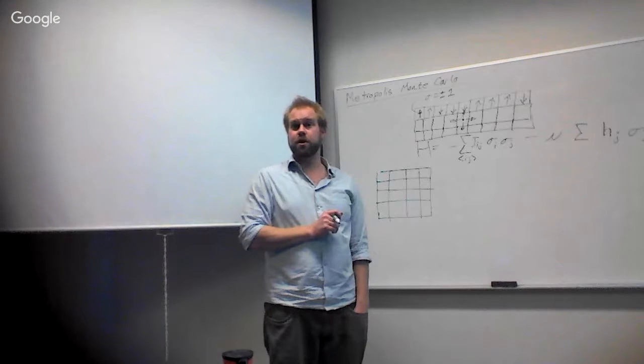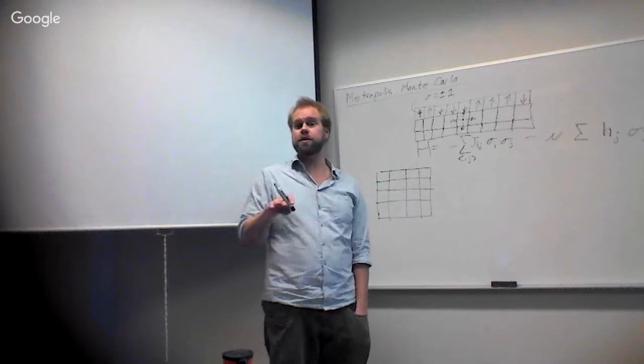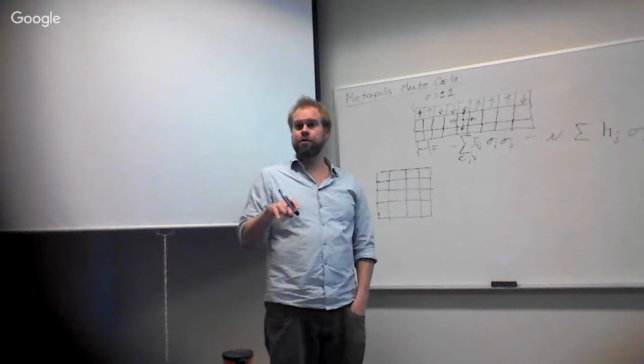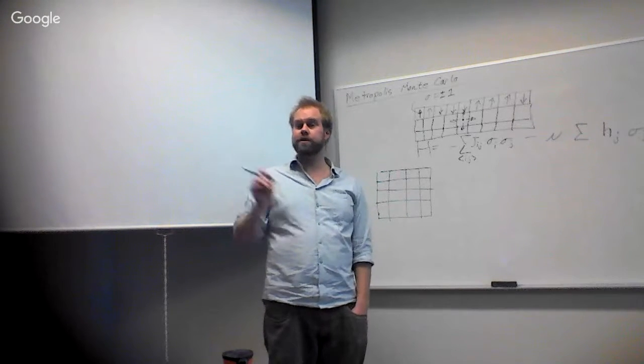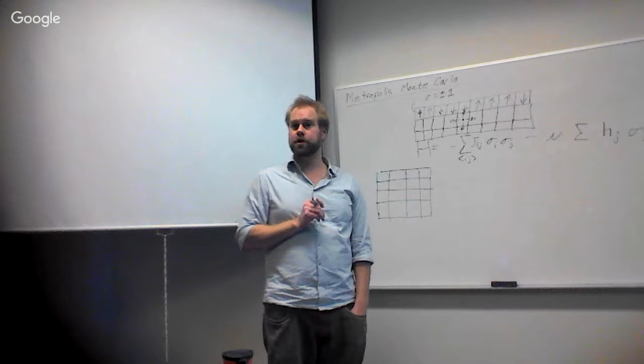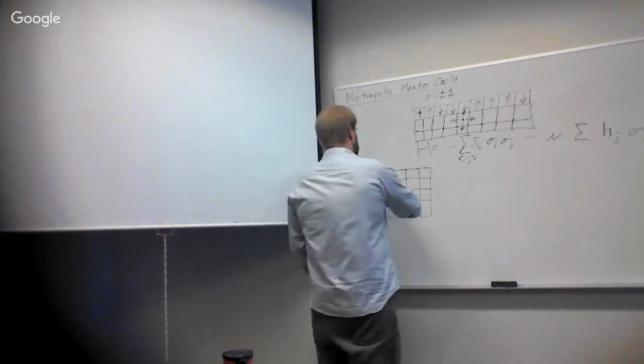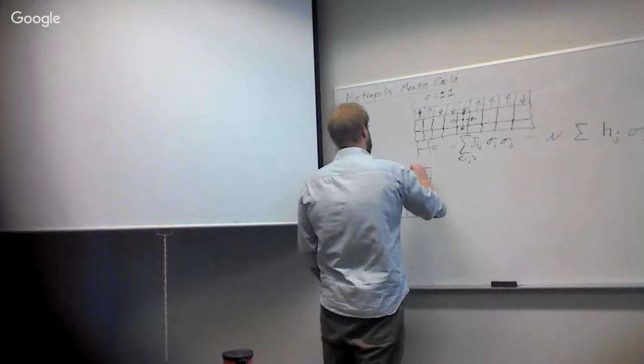They're all going to line up along up or down, because that's the lowest energy configuration, and the thermal fluctuations are not big enough to change that state. Cool. So we'll probably end up with something like this.